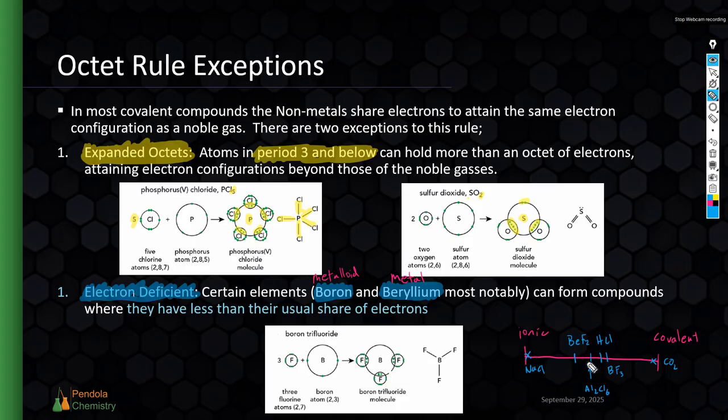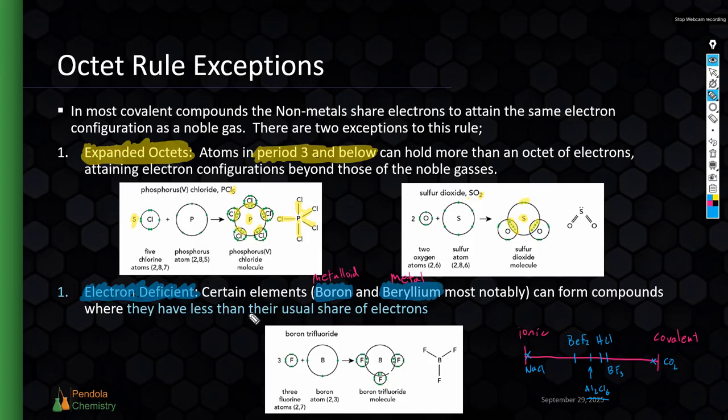There can be a spectrum, where things could be covalent with ionic character, meaning covalent leaning to ionic, or they could be ionic with covalent character, meaning ionic but leaning towards covalent, or some things like Al2Cl6 are smack in the middle and show properties of both covalent and ionic compounds. That's why we talk about beryllium here when we're talking about electron deficient compounds, because beryllium can form some very covalent types of compounds.